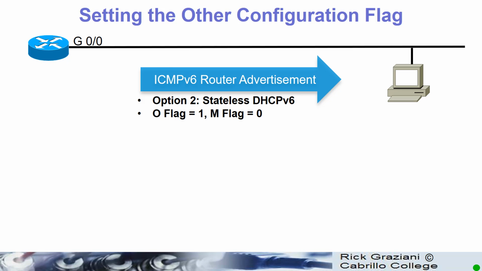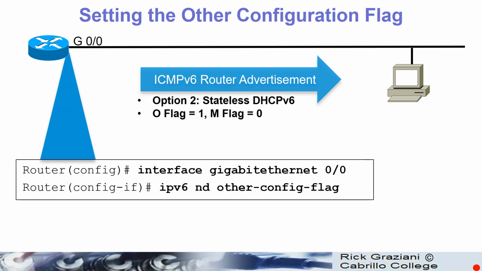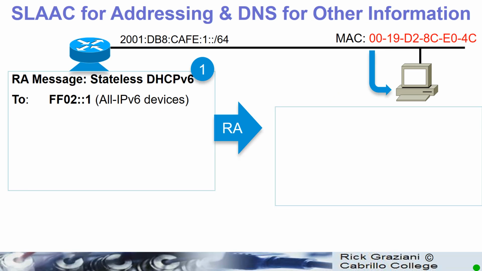So setting the other configuration flag, setting that O flag. Basically, you go to the appropriate interface, ipv6 nd other-config-flag. That will allow us to set it.